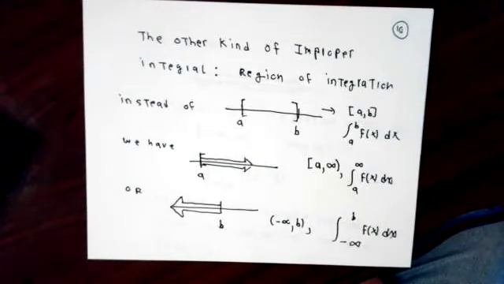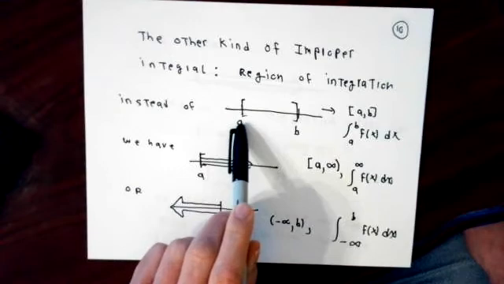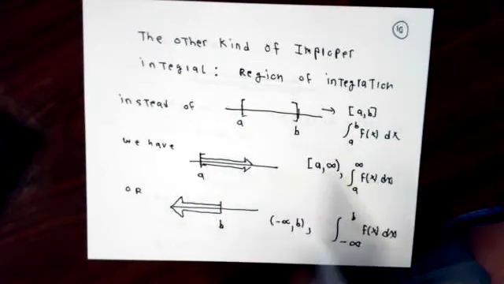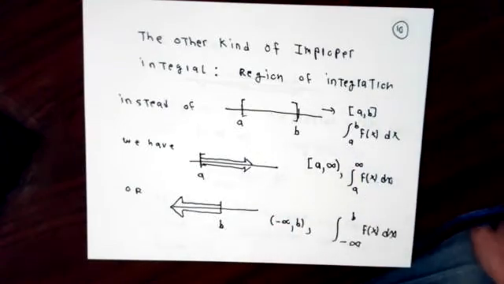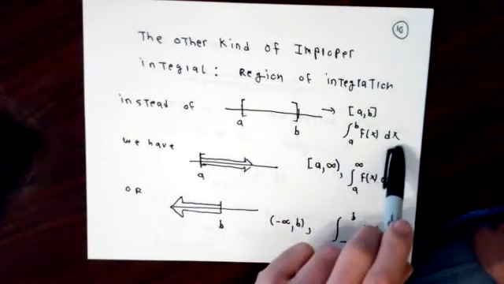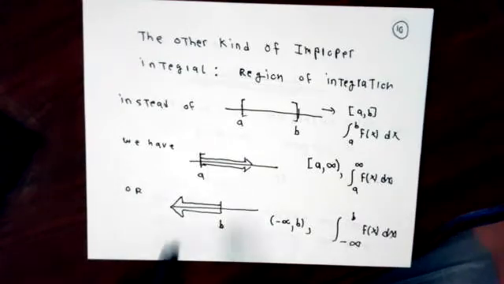The other kind of improper integral we can look at is this. Instead of having a region of integration that starts at some particular a value and ends at some particular b value, so that the region of integration is the interval from a to b, and the integral is integral from a to b f of x dx, we could have a situation like this.